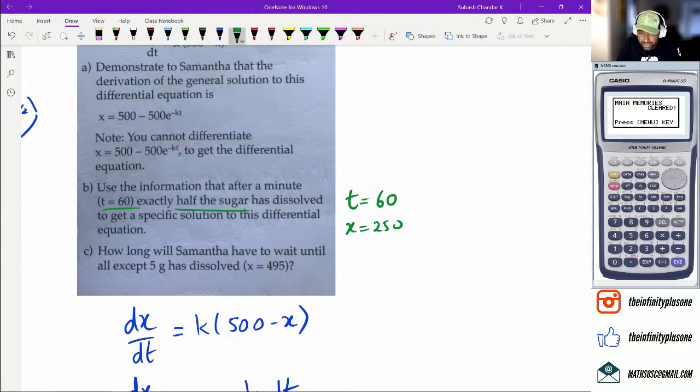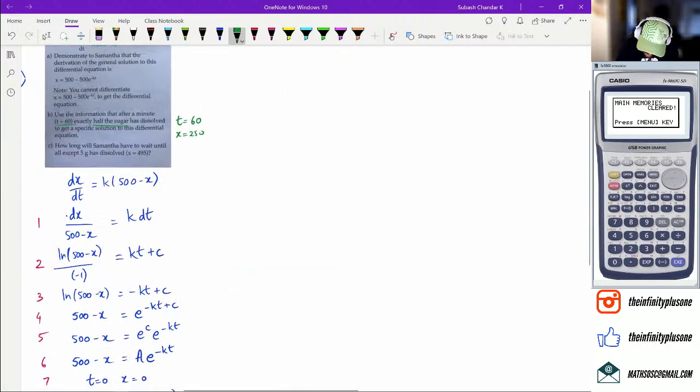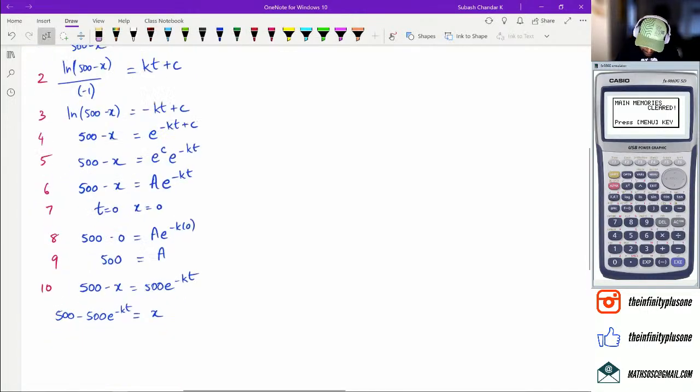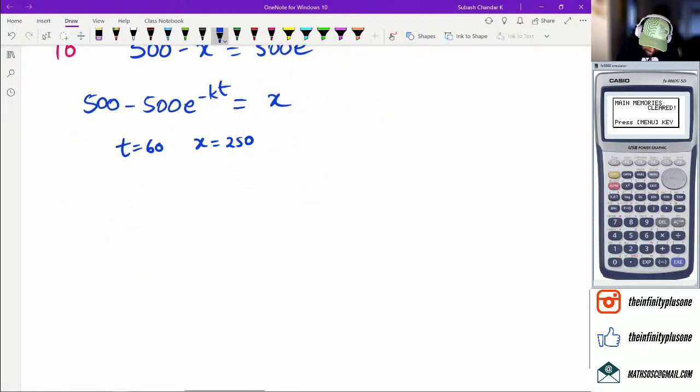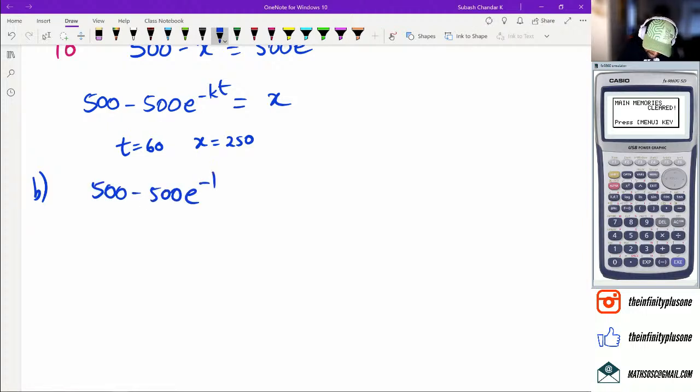So we're going to use this information to figure out what k is. So we're going to go back to our equation here. We know that t is equal to 60 and x is equal to 250. So this is part B right now. So we're going to get 500 minus 500 e negative k times 60 equals 250.